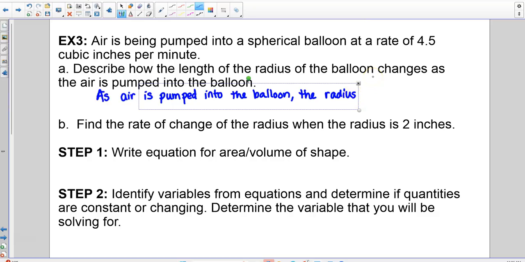As you blow the balloon up, does the radius increase or decrease? Definitely increases, no doubt about that. The radius only increases. Is it going to increase at an increasing rate or increase at a decreasing rate? At a decreasing rate.